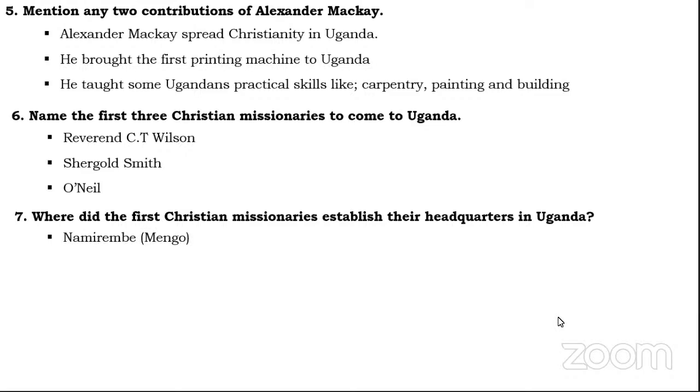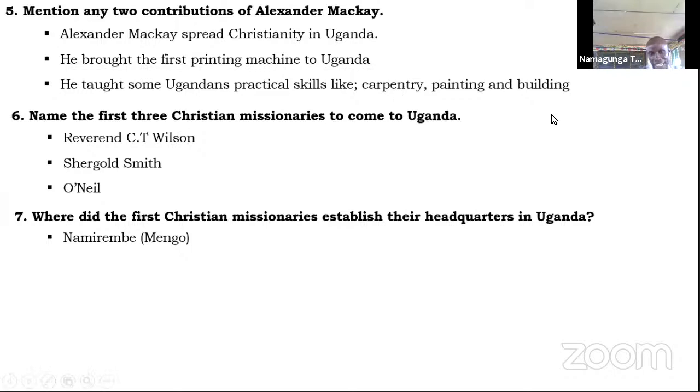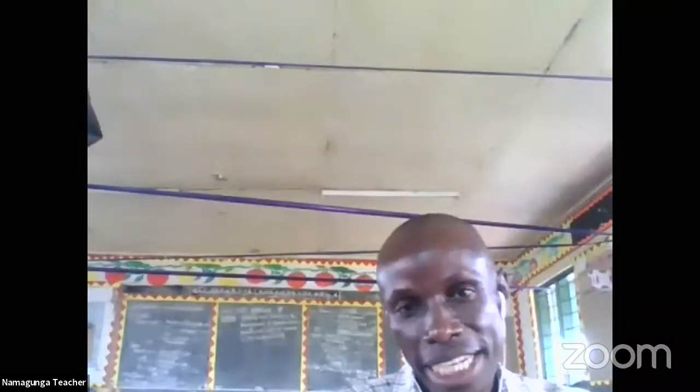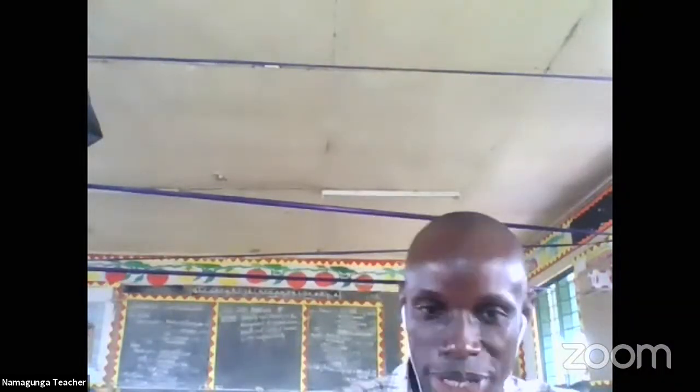So that was in Namirembe in Mengo. And these were the Anglican missionaries who were sent by the Church Missionary Society.